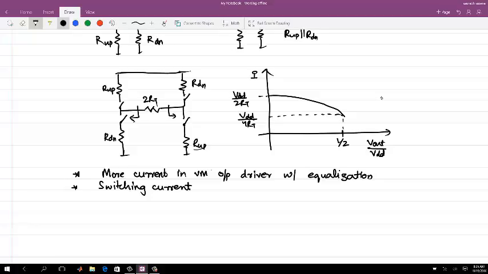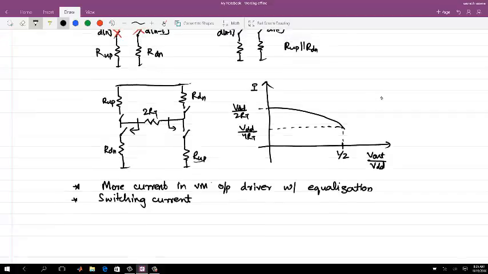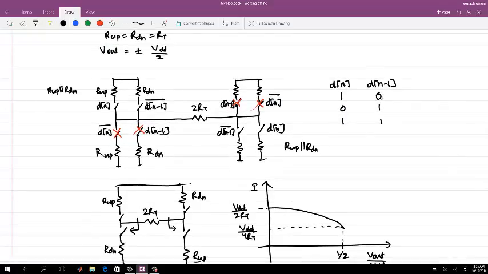Okay. Now we will go into these drawbacks a little bit later. Now let me ask you, if you are asked to implement this voltage mode output driver with R up and R down, considering that you have to use a different equalization coefficient, because that depends on the channel. You do not always know for sure what the coefficient should be.